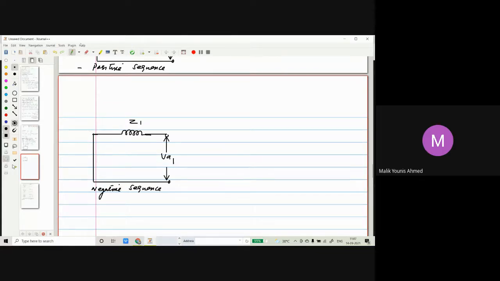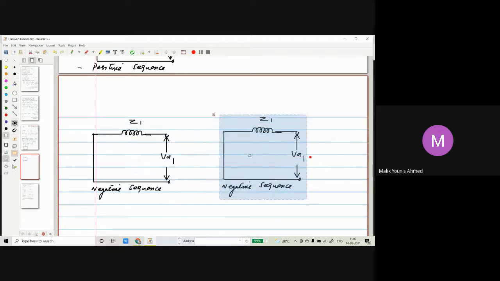Similarly, we'll copy for the zero sequence because voltage sources are not there. Just copy, paste. We'll make it here for the zero sequence. The only difference is that the voltage will be VA0, Z0, and this is for the zero sequence.